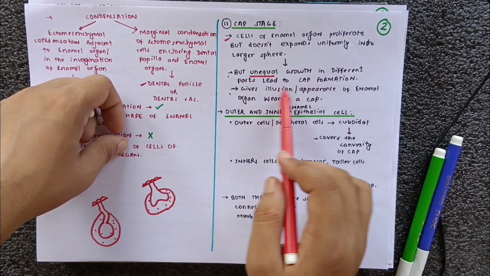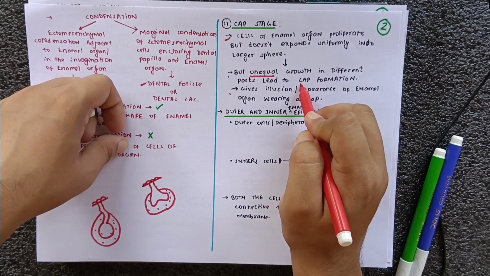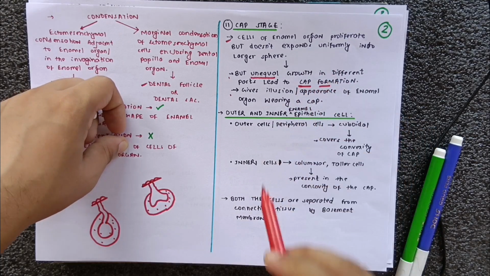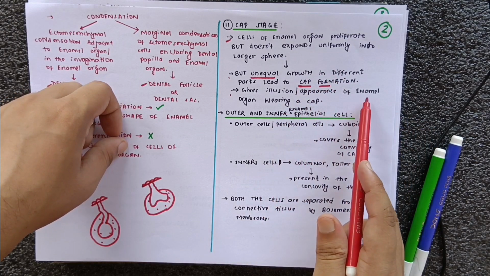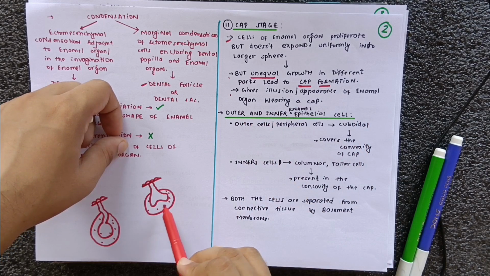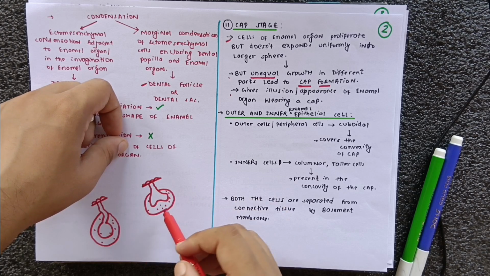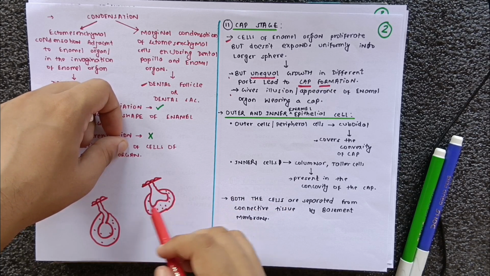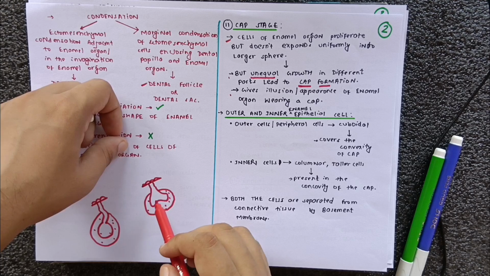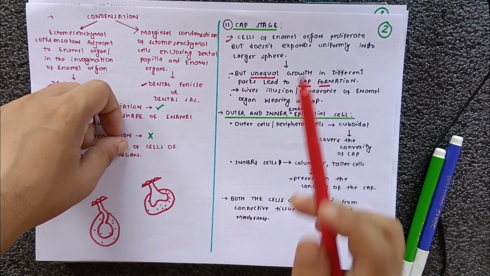There is unequal growth forming the cap, and that is giving the illusion of the enamel organ wearing a cap. The dental papilla and dental follicle are acting as a cap worn on this enamel organ. So we call it the cap stage.